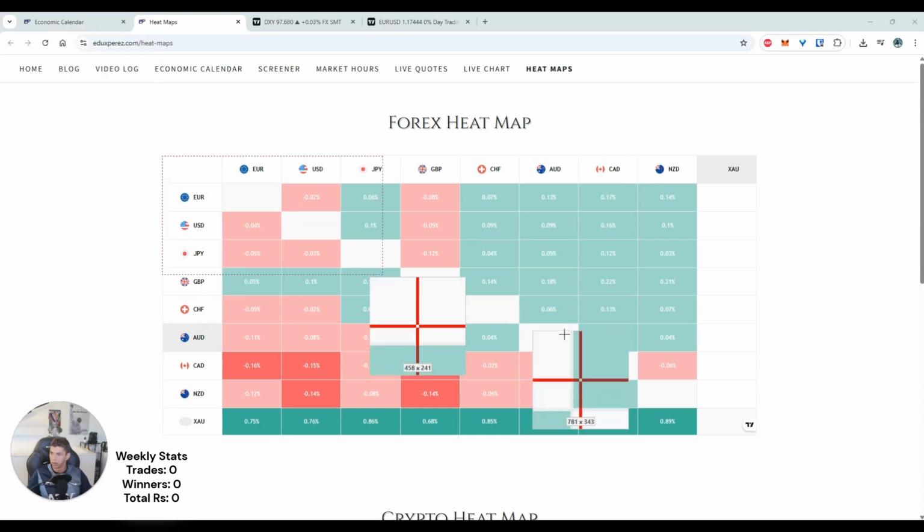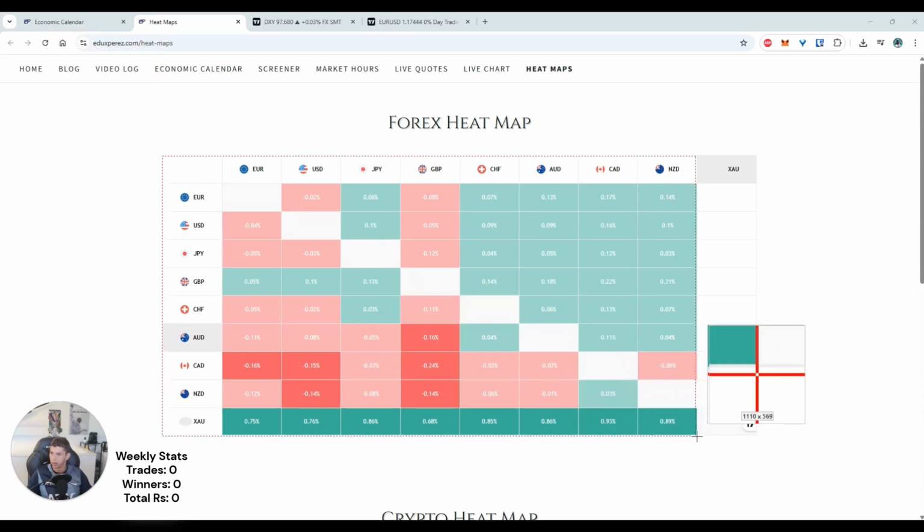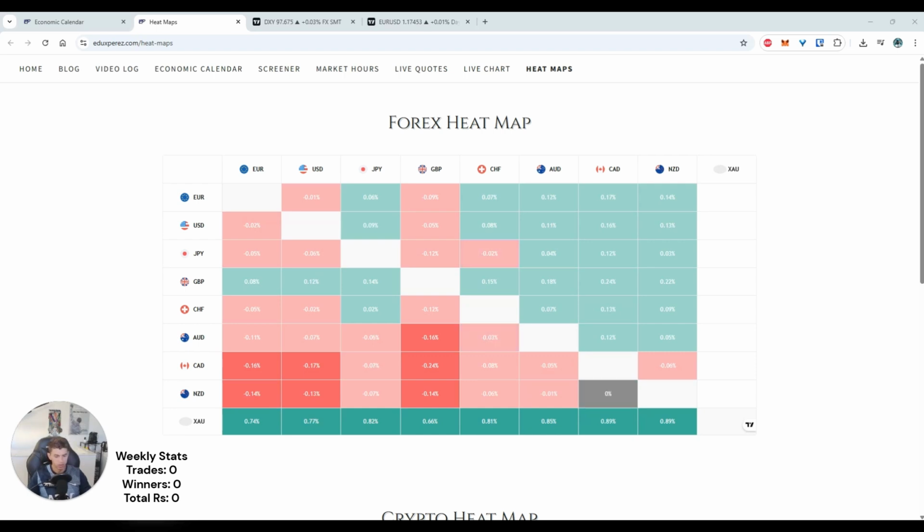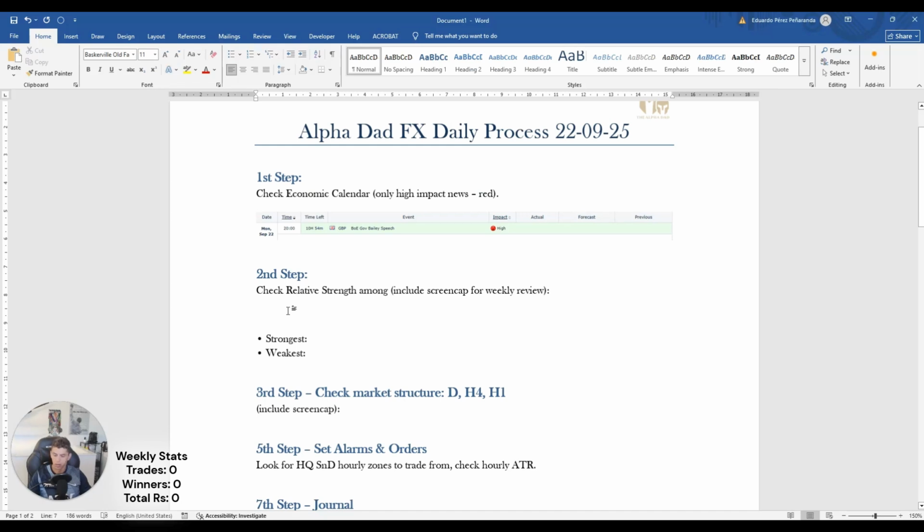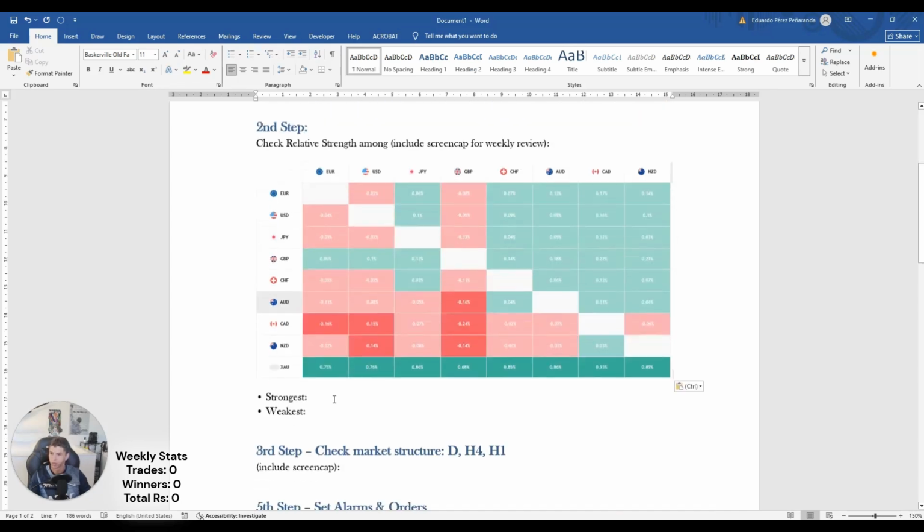Pretty mixed, mostly, but we could say we have GBP slightly green all across the board, and CAD and NZD the second weakest. So strongest GBP, we all agree on that part, and the weakest CAD followed by NZD.